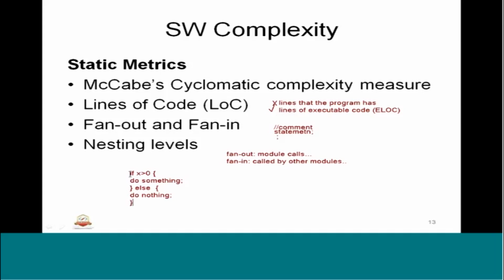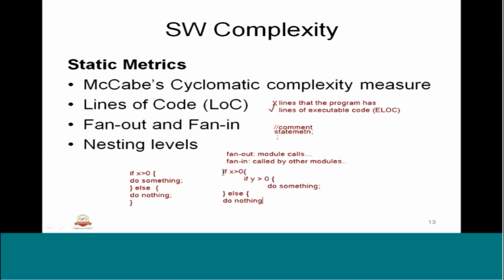Suppose we have more ifs within that, then it will become multiple nesting levels. If x is greater than 0, it will be appropriately aligned. If y is greater than 0, then do something, else do nothing.